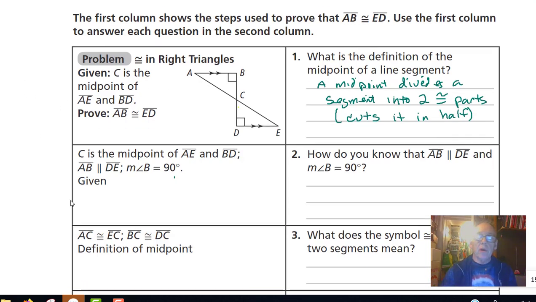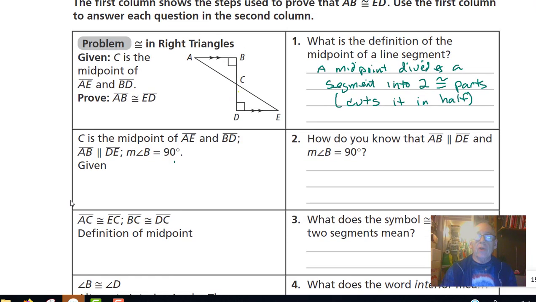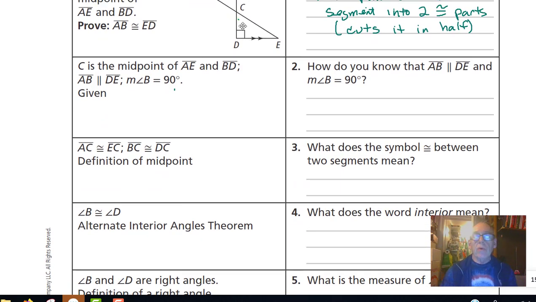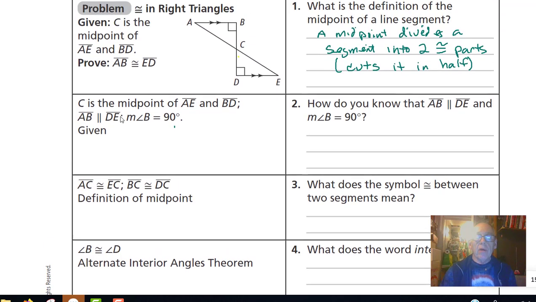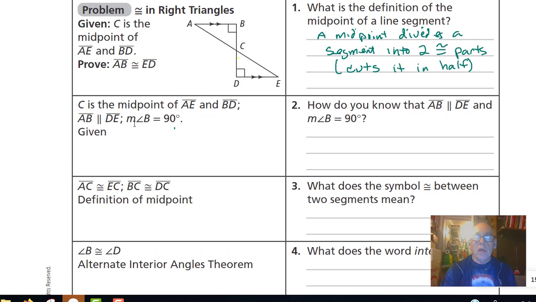Let's look at the next part. Using the given that C is the midpoint of AE and BD, with AB being parallel to DE, and the measure of angle B is 90 degrees, these are all the things that were given. Now, they didn't list that these were 90 degrees, but we can see that they're marked as 90 degrees.